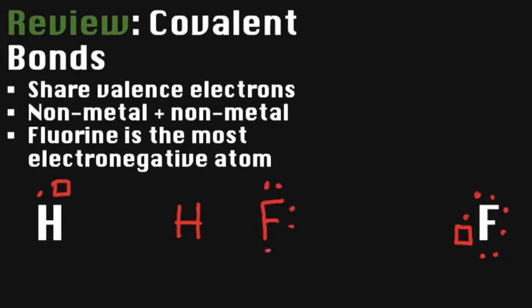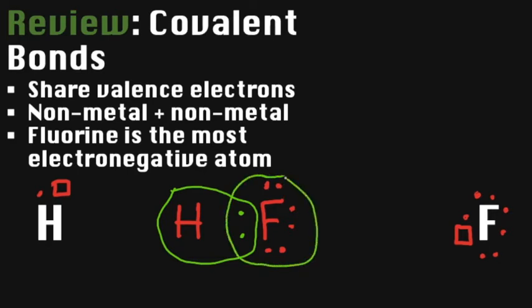So fluorine is now going to have 8 electrons. What hydrogen has done here is contributed 1 valence electron, and then fluorine has contributed 1 valence electron, and now they are sharing. So hydrogen has 2 valence electrons.